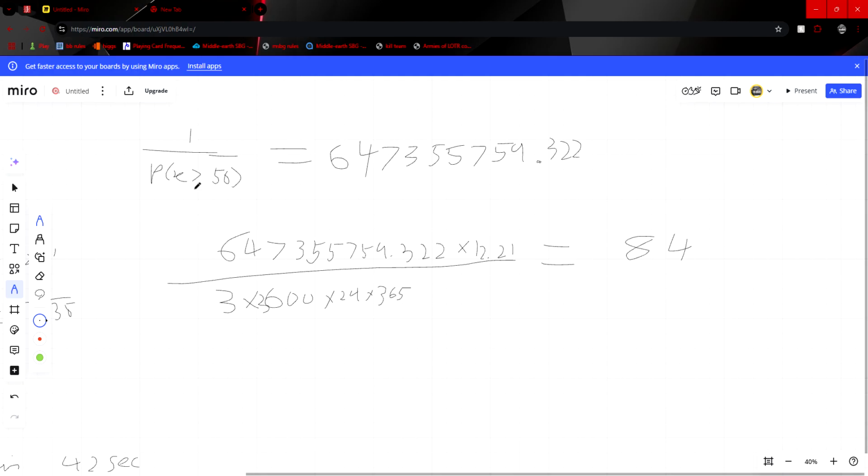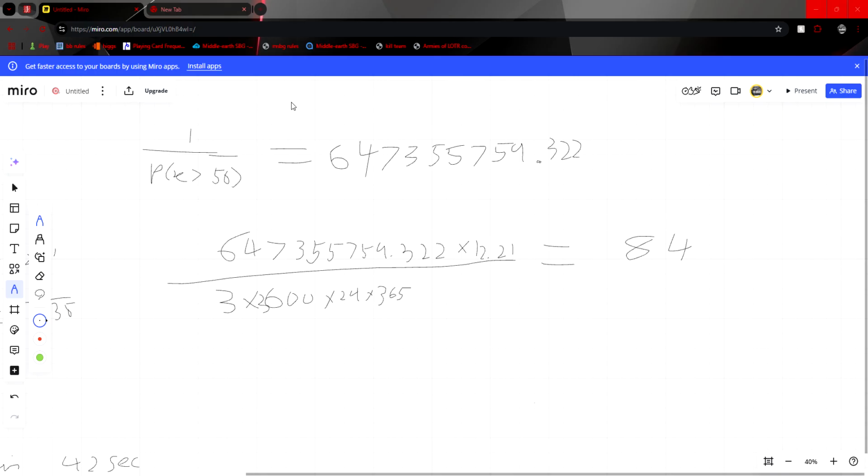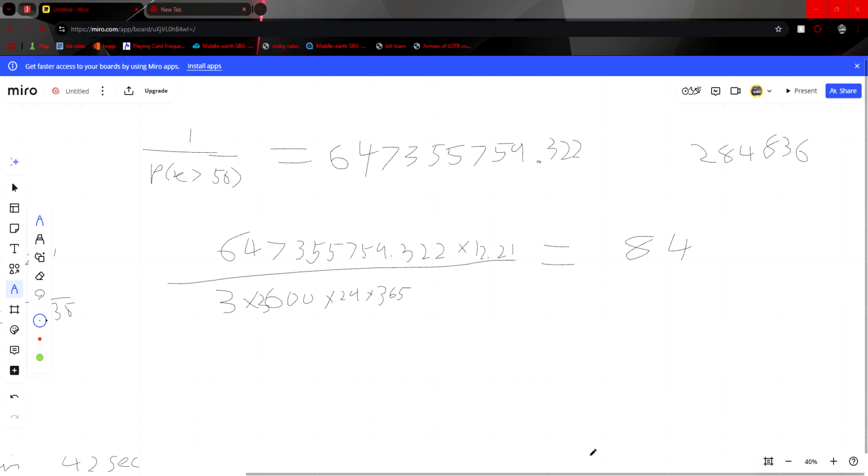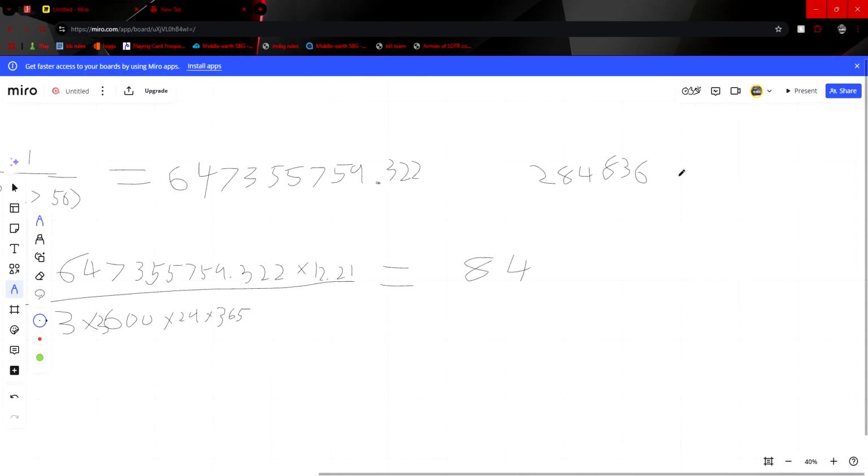If you want to, you can try with your own score. Try with the 55, to see what the current record was to reach that record. That would be 55. So that instead is 284, 836, 534.